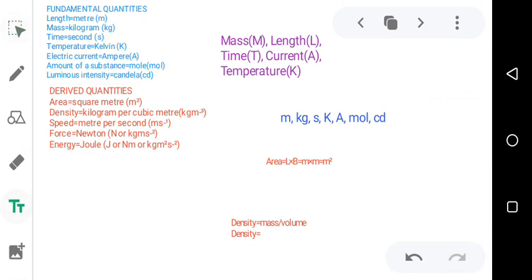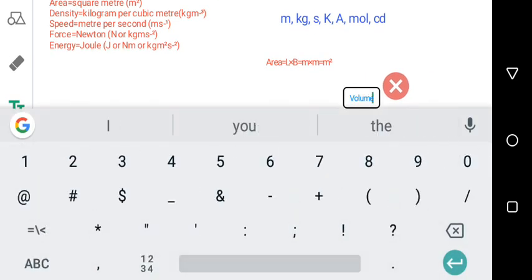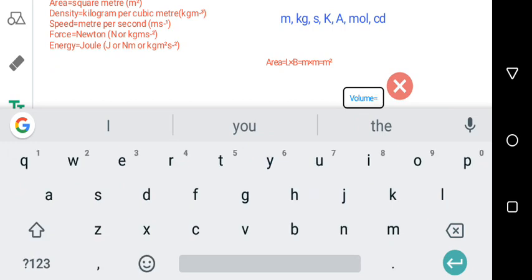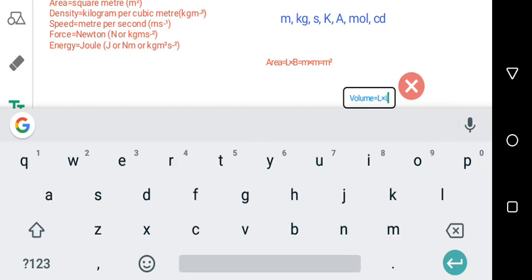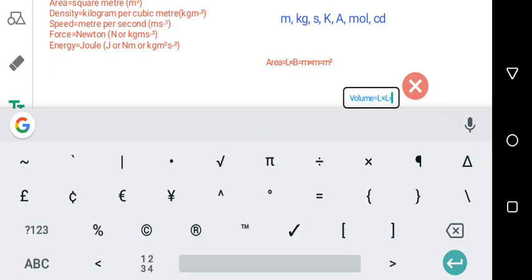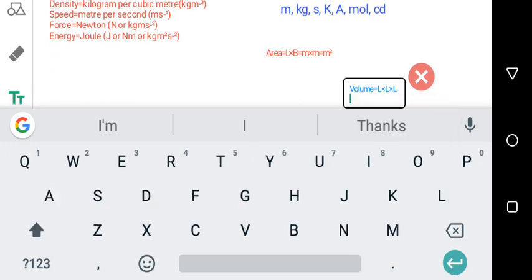Now, volume, we remember well, volume is what? Length, that is volume of a square, times length times length. You know, all these sides of the square are equal.